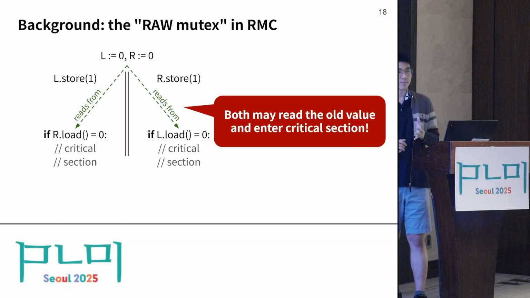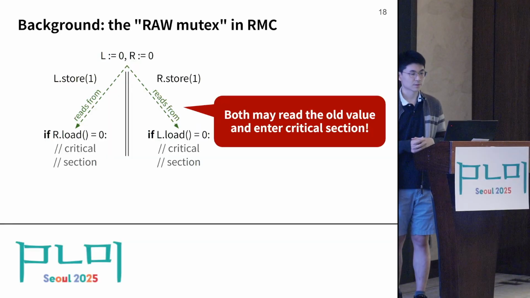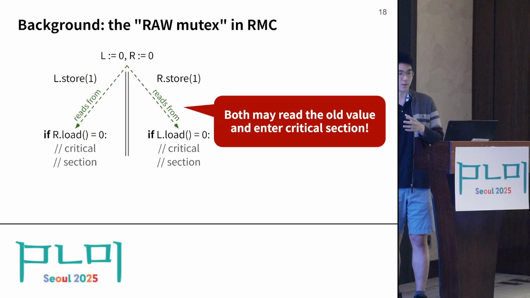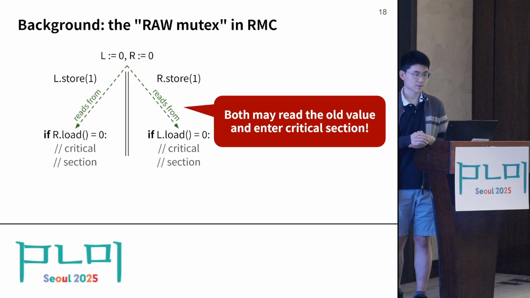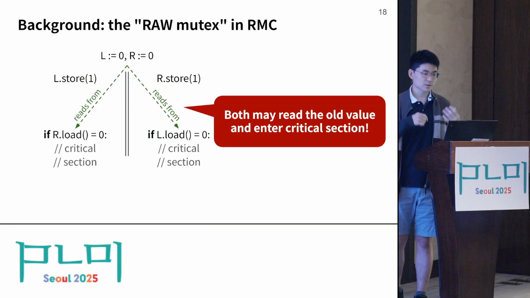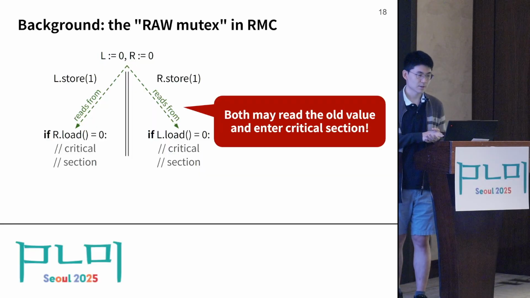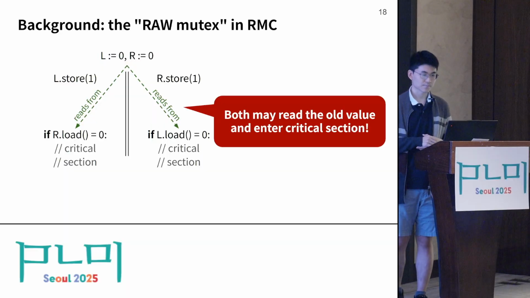But this property breaks in RMC because there's no strict order between the two writes. Specifically, it's possible for both threads to read the old 0 values. So both threads could end up reading the old value 0, and they could enter the critical section, which violates mutual exclusion.